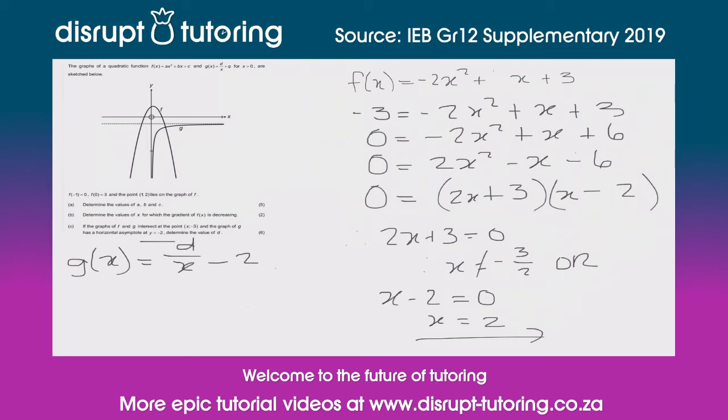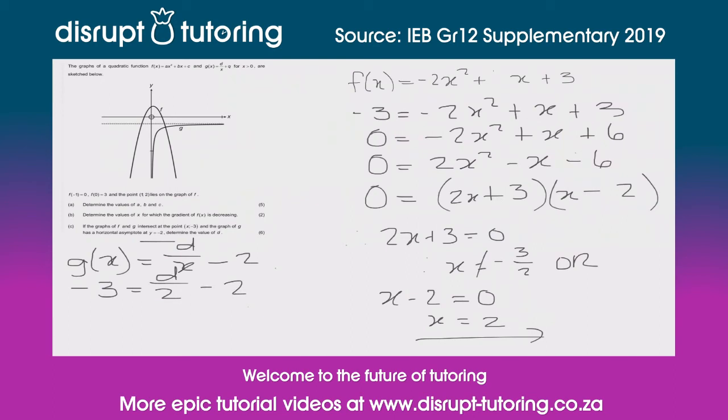Now, let's use the points we've been given. They gave us this point with y equal to minus 3, but we now know that it's x equals 2. So let's plug that point in. We're going to have minus 3 equals d over 2, and then minus 2, since we've plugged in the point which we've calculated.